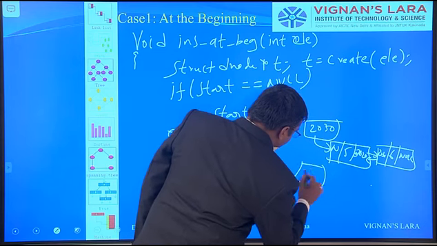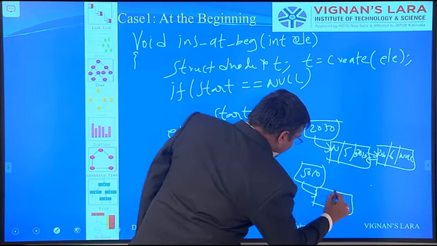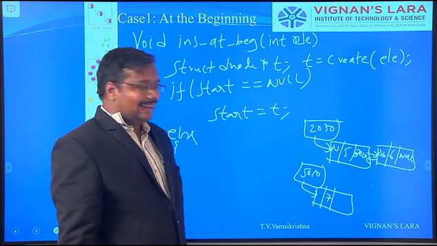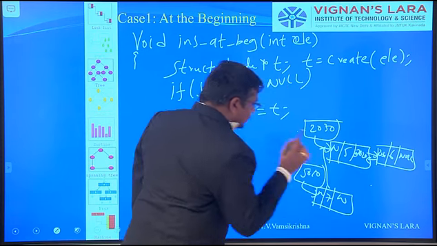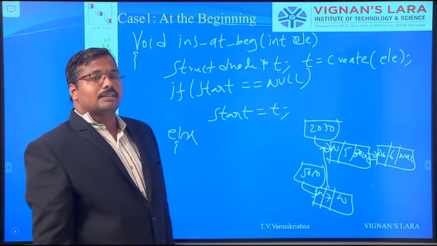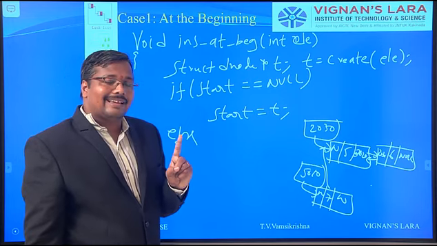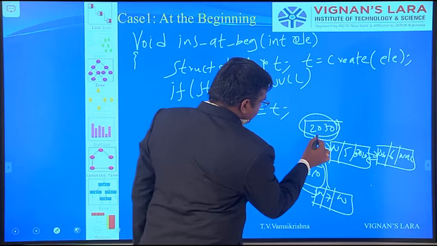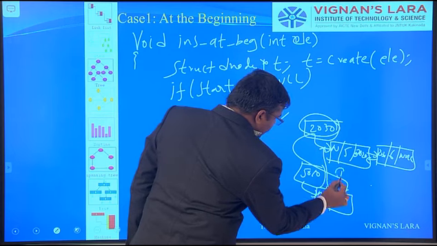So here 5010 is a newly created node. In that, suppose I want to insert the element 7 at the starting position. What are the major adjustments I want to do? First think like a single linked list. In a single linked list, what is the first operation? 2030 is copied into here. This is the first operation.